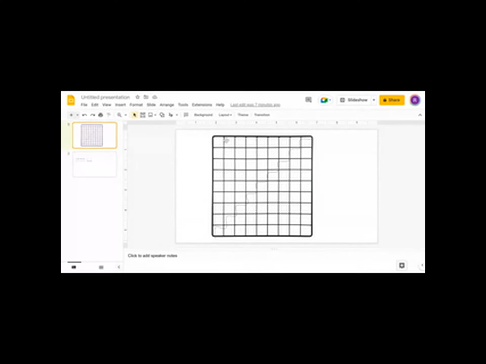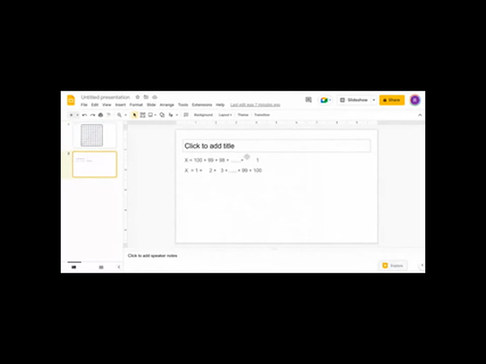So the sum of the upper triangle is 99 plus 98 plus 97, and so on, and the lower one is 1 plus 2 plus 3 and so on. But when we put them together, column by column, they become exactly the same number of tiles. So is there some way to put these two things together so that column wise they become the same?